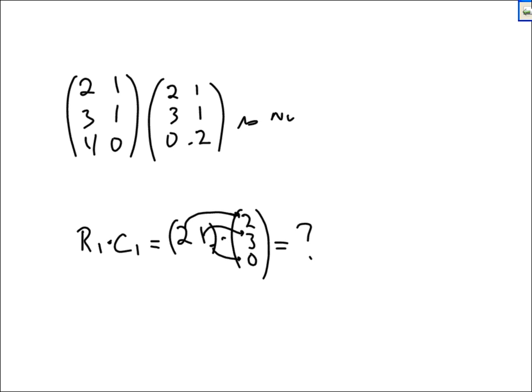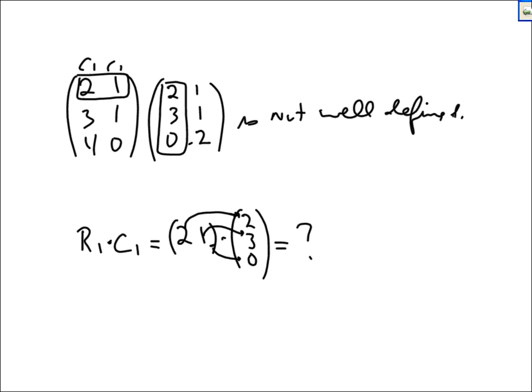This is not well defined, because the number of columns, column 1, column 2, does not match the number of rows in the second matrix. Row 1, row 2, row 3.